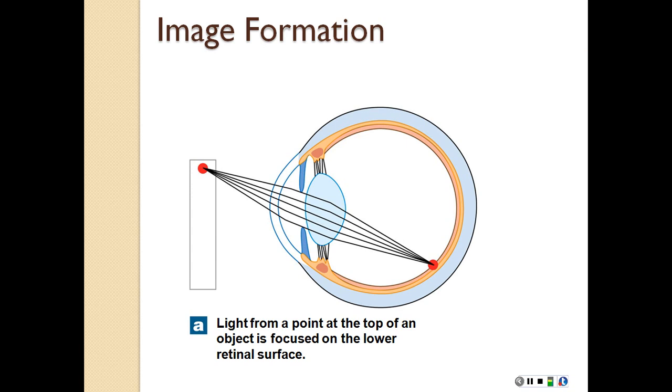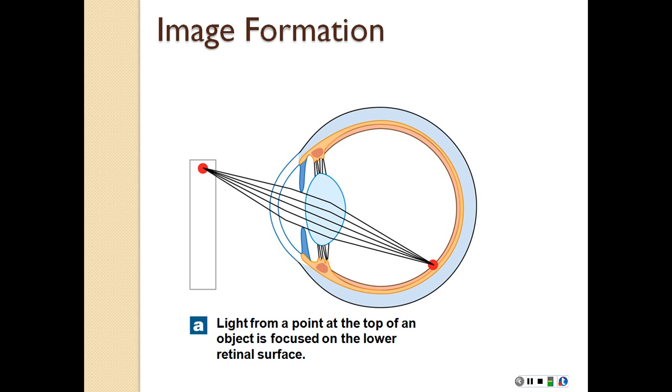Image formation: light from a point at the top of an object is focused on the lower retinal surface. That should be obvious. If you look straight ahead, you're not looking at the ceiling, but you can see the ceiling, right? The light rays from the ceiling are coming at an angle, so they're going to fall on the lower portion of your retina. And for the floor, the light rays are coming up, so they're going to land on the upper portion of your retina.